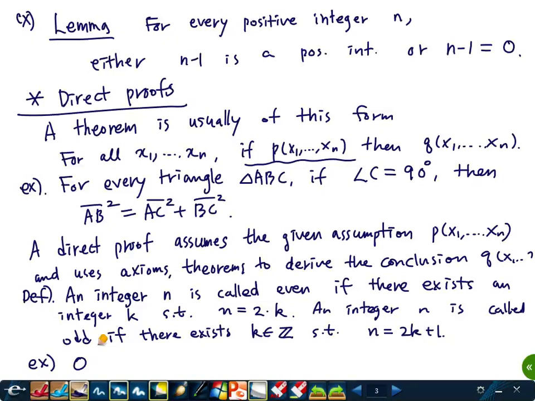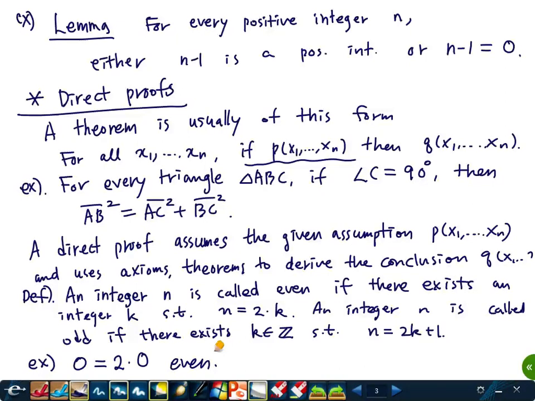Proof. How can you prove this? k is 0, yeah. 0 equals 2 times 0, right? And 0 is an integer. So it satisfies this condition. So yeah, 0 is an even integer. This is a theorem actually, but no one calls this a theorem because it's too simple.